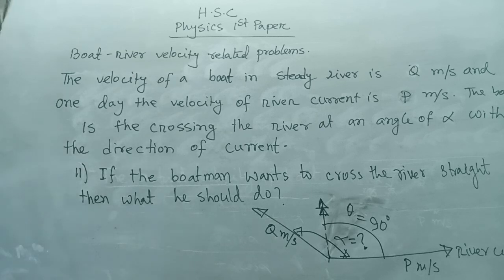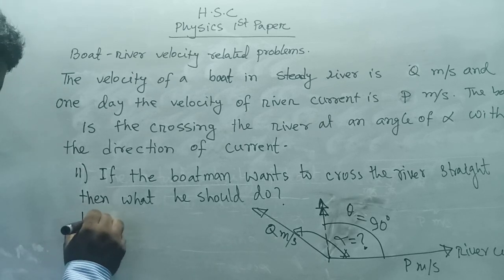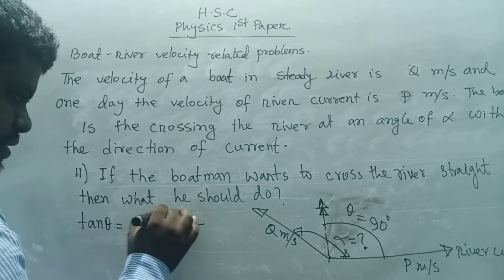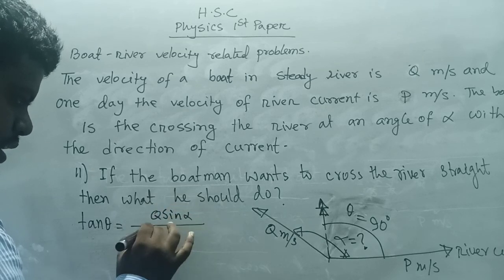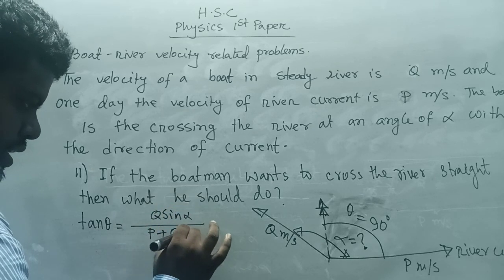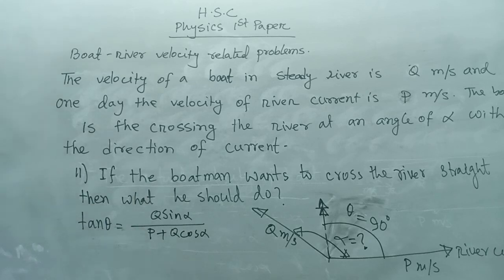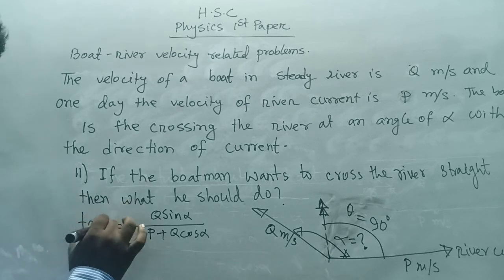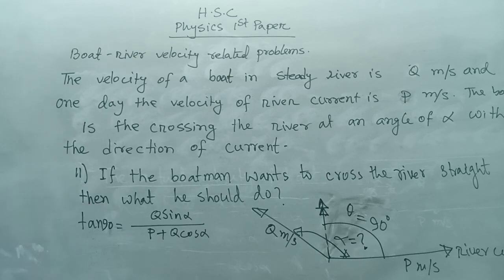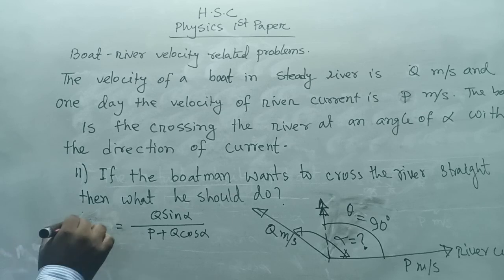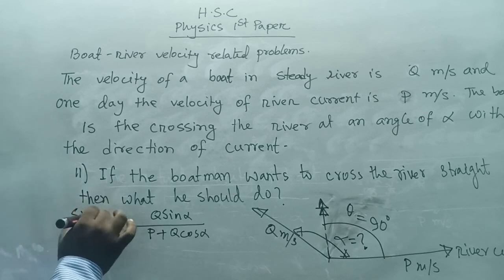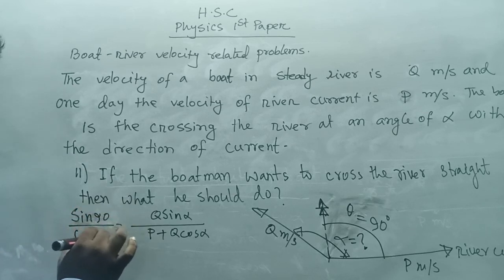So I have to calculate alpha. Which formula can I choose? I can choose tan theta equals Q sin alpha over P plus Q cos alpha. Theta equals 90 degrees, and we know that tan theta is equal to sin 90 divided by cos 90.